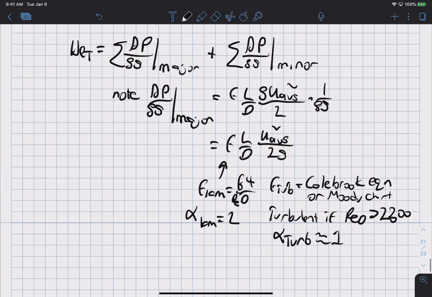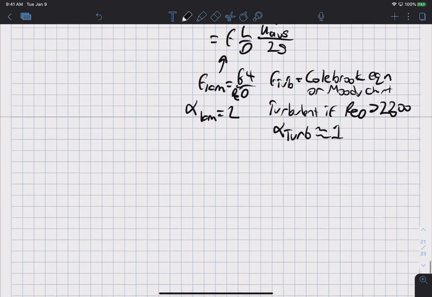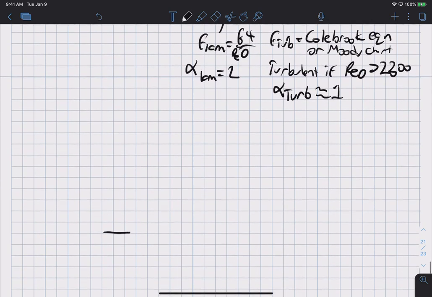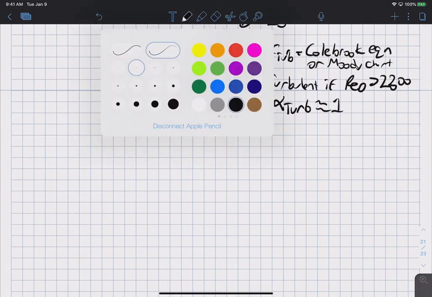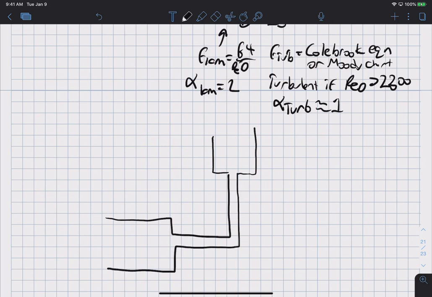The reason up here that I have a sum is I could have a pipe system. I'll just sketch one down here that looks something like this.